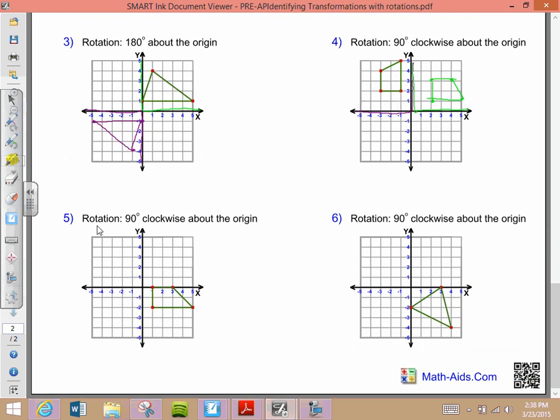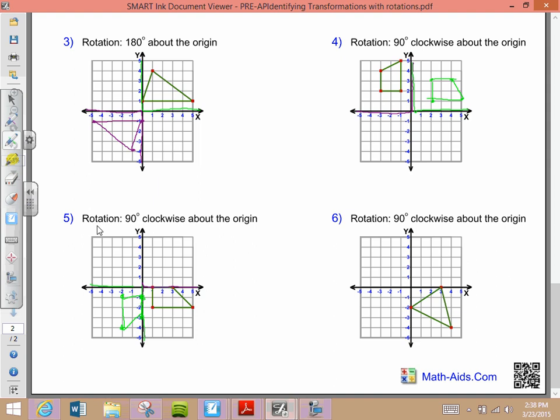And this last 2 is clockwise about the origin, so it should land right here. So this is on 1 and 3, they just stay on it. These are 2, and this is 1 right here from 4. There we go.